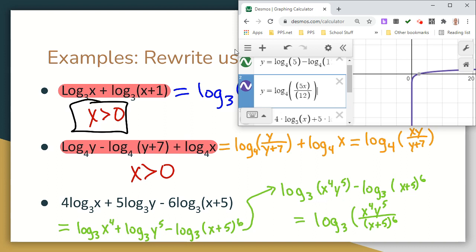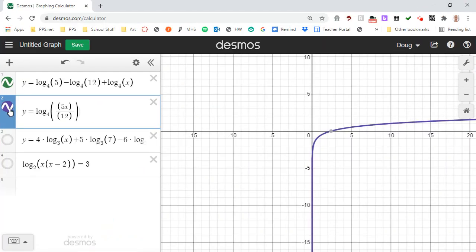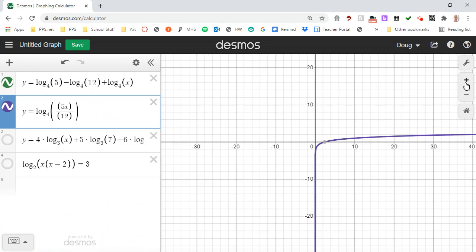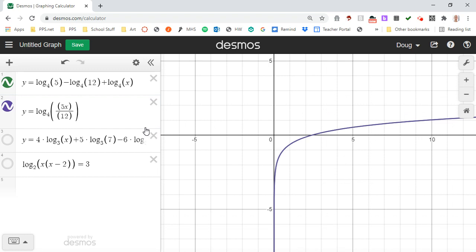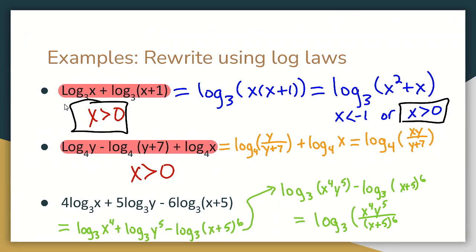And let's have a look there. Looks like that one is the same. So we were right to think that in both cases, x just had to be greater than 0. So going back here, over here, x must be greater than 0. In both cases, that's true.